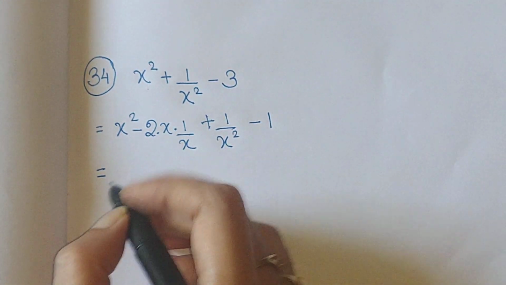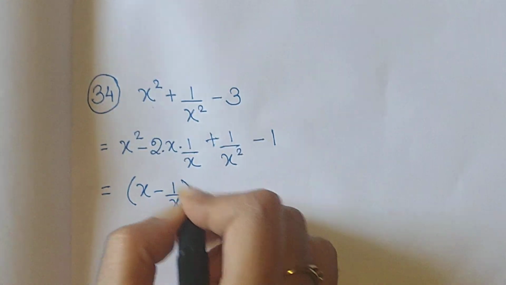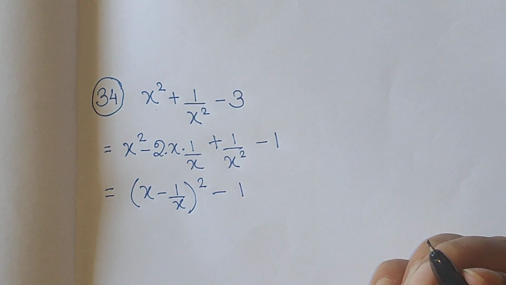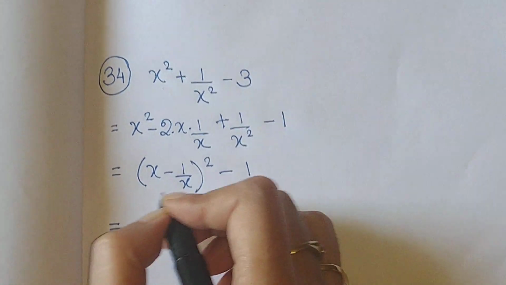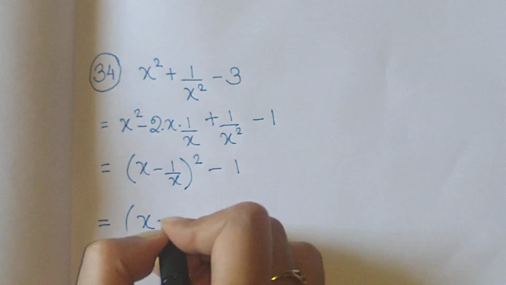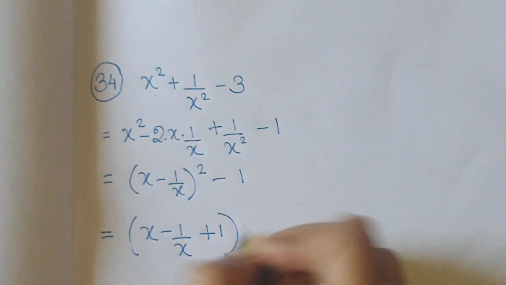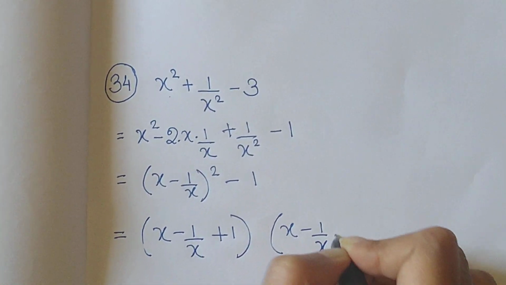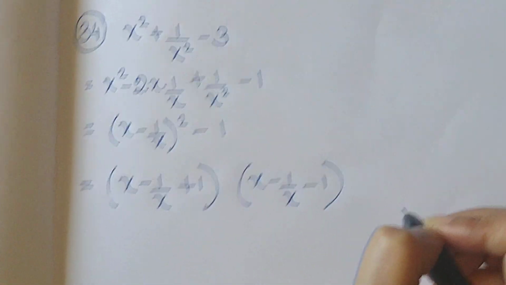So this can be written as x minus 1 by x whole square, and minus 1 will remain the same, and 1 is also a square term. So this is your A, this is your B. So this can be written as x minus 1 by x plus 1 and x minus 1 by x minus 1. So this is your answer.